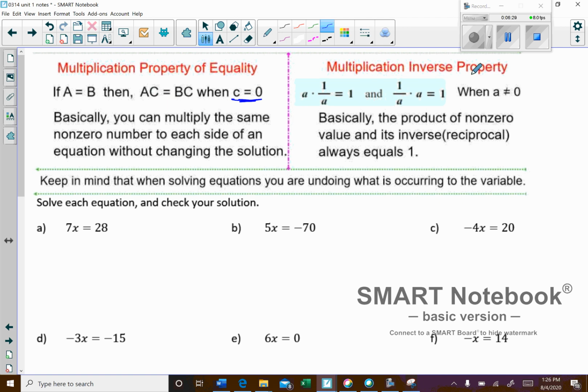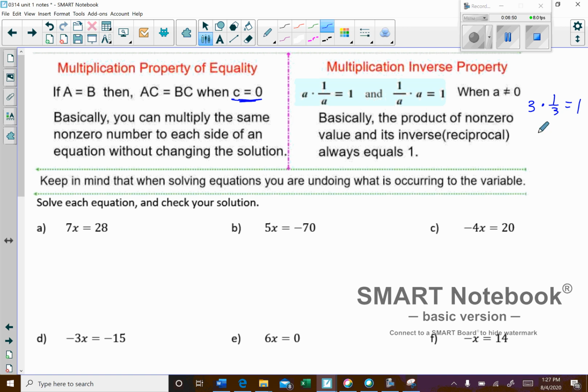The multiplication inverse property basically just states that if you multiply a value by its reciprocal, it will result in a 1. So for example, 3 times 1/3. The reciprocal, or the inverse, you just flip it, is 1/3. That would equal 1.